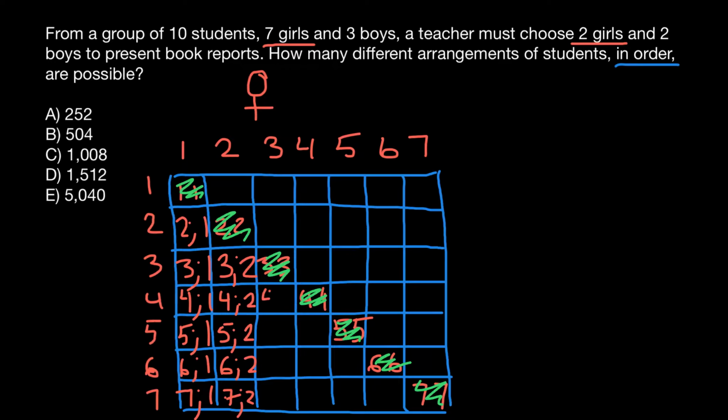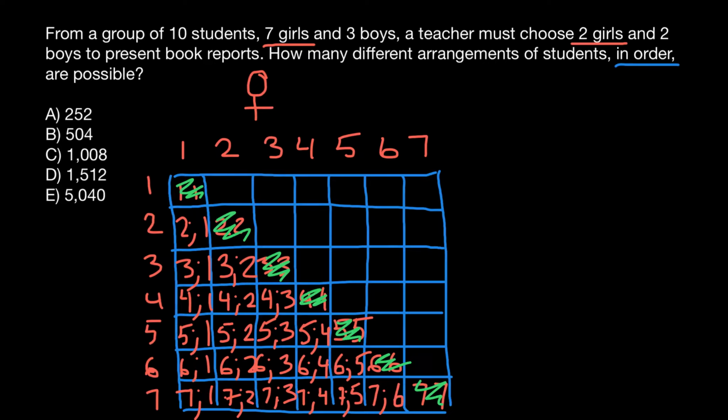Another variant would be 4 and 3, 5 and 3, 6 and 3, 7 and 3, 5 and 4, and 6 and 4. Next, 7 and 4, and 6 and 5, and 7 and 5. And the last would be 7 and 6.